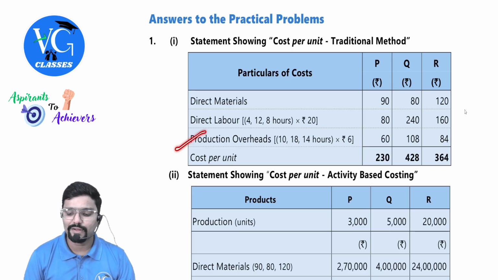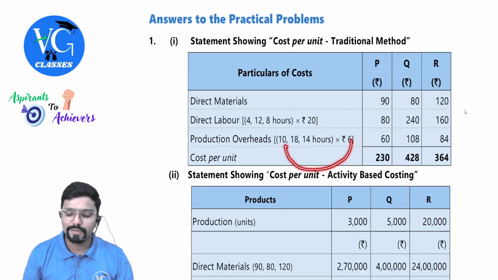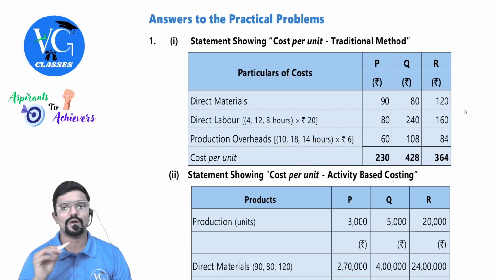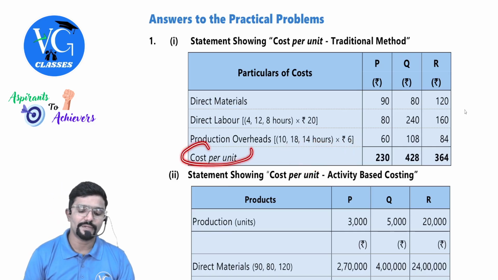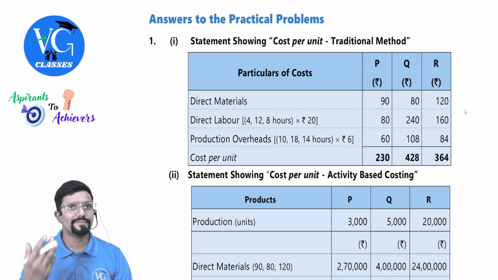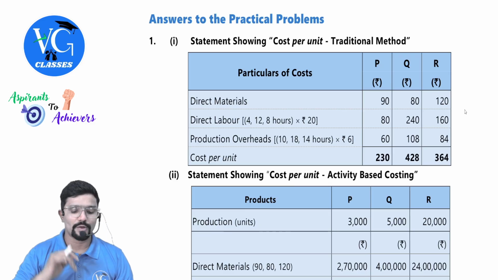Production overhead, 6 rupees is already given, so we multiply with machine hours for each unit of P, Q, R. What do you get? Cost per unit. Only three elements are given, just add up all three and you will get cost per unit. That is what they have asked. Total cost they have not asked. If at all they ask, multiply this with the number of units. Production units is given. You will get total cost.